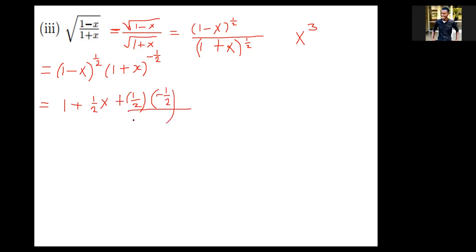Sorry for that. And then this is 2 factorial. Then plus, you keep on going like that. You expand up to the term that is going to give you x to the power 3. And then you also expand this one up to the term which is going to give you x to the power 3. This is going to be negative half there. Oh no, sorry, not negative half. It's going to be positive.